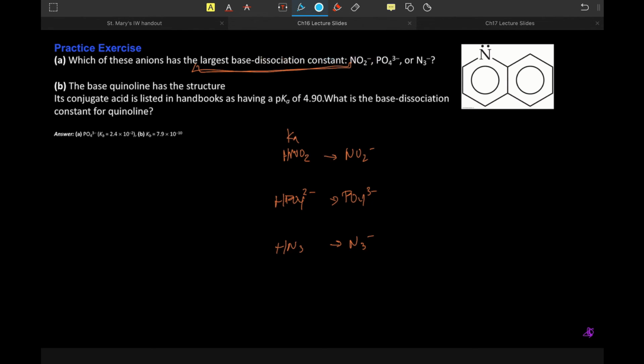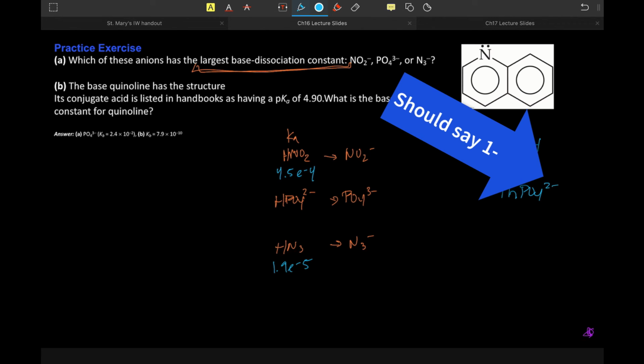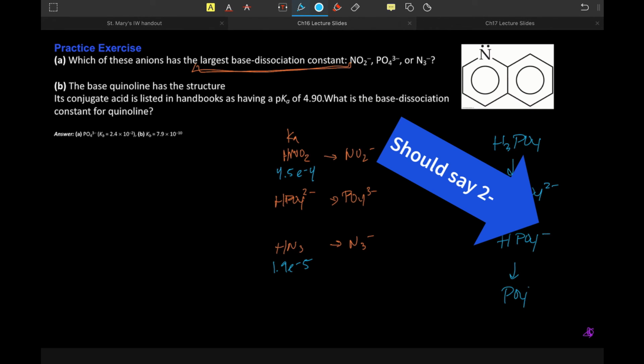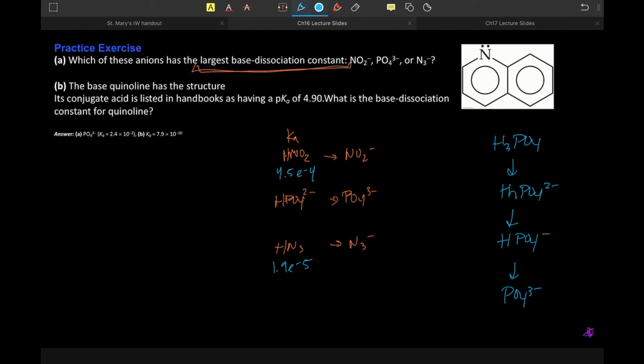Turns out the Ka value for HNO2 happens to be 4.5 E negative 4, HN3 is 1.9 E negative 5, and HPO4. Now, if we think about the parent acid, this, and then this, and then this, and then we eventually end up at PO4 3 minus, what Ka are we looking for?